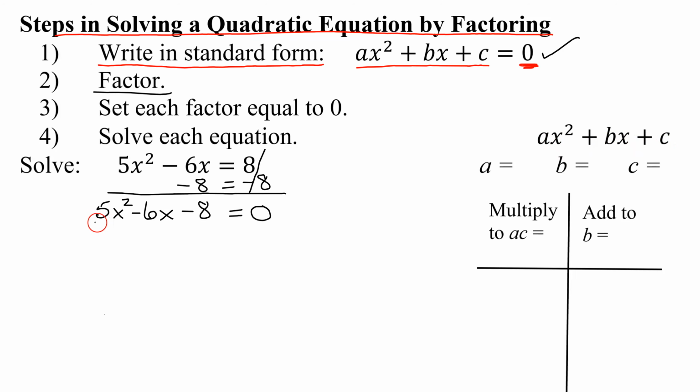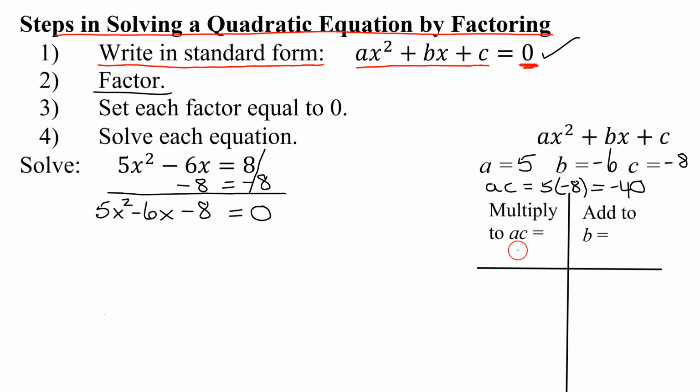A is the coefficient of the x squared term, so my a is 5. B is the coefficient of the x term, so it's negative 6. C is my constant term, it's negative 8. And then I multiply A times C. I get 5 times negative 8, which is negative 40.